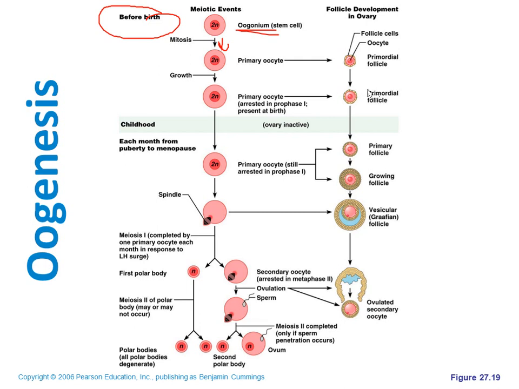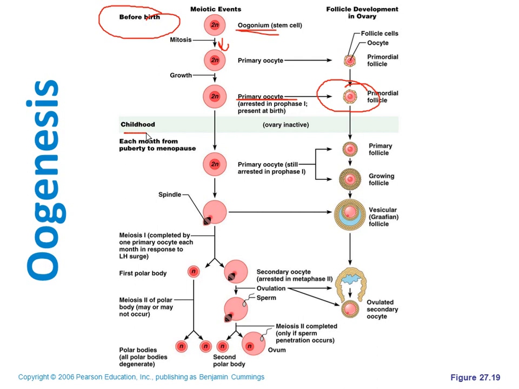It got wrapped by a layer of follicle cells, and now it's a primordial follicle with a primary oocyte. And this thing went into prophase 1, the very first step of meiosis, but then it stopped. So it's frozen right at the beginning of meiosis.